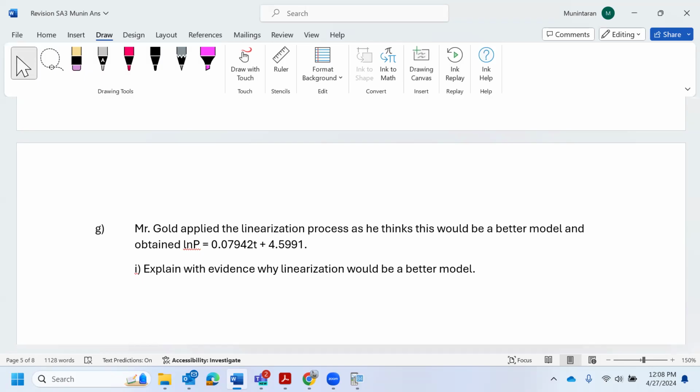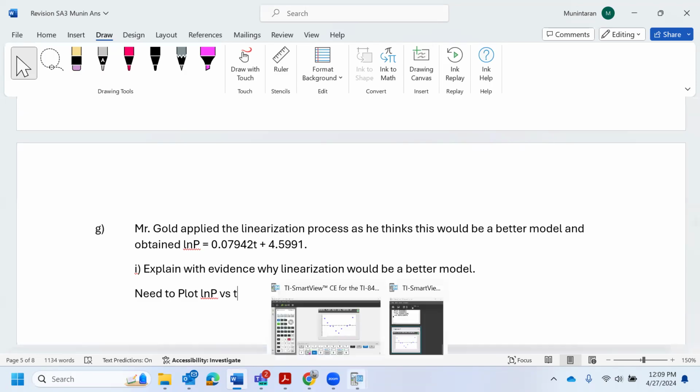So the evidence here, you need to plot ln P for the price versus T for the time. Are we okay?